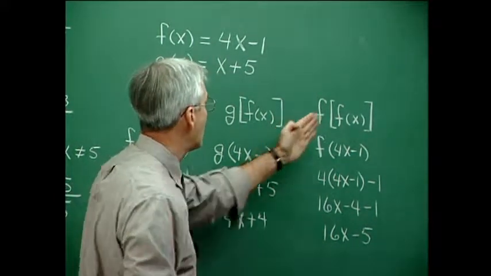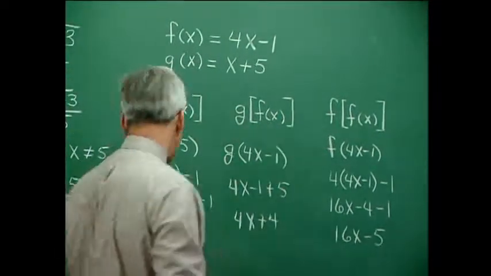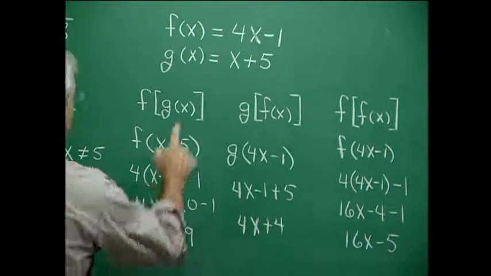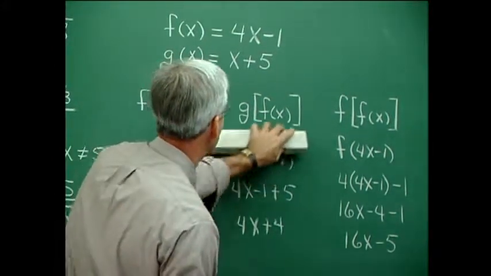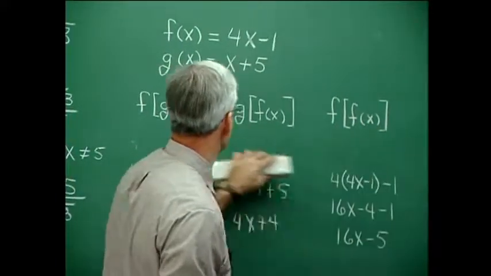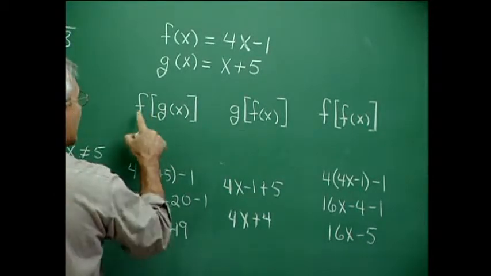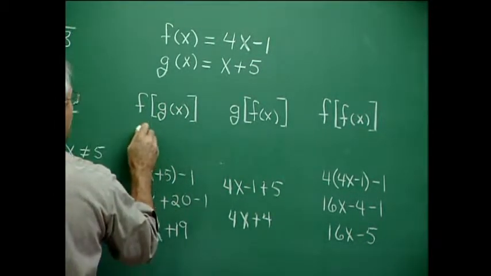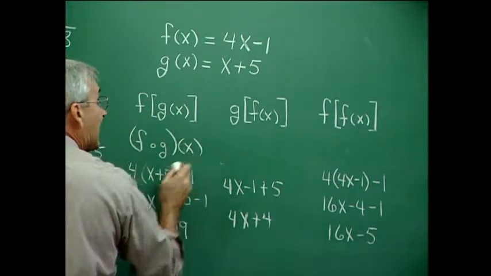Now, there is another notation for the composition of functions, and I'd like to show that notation to you. This is the easiest one to follow, but another notation for this is this. And I'll use it in all 3 places. This would be f of g of x, like this.